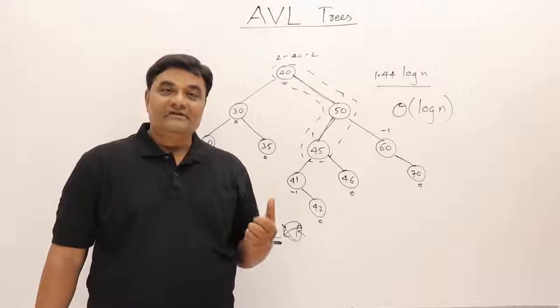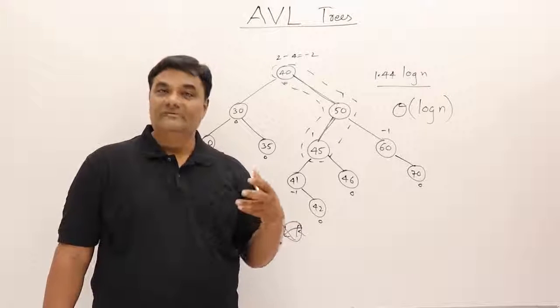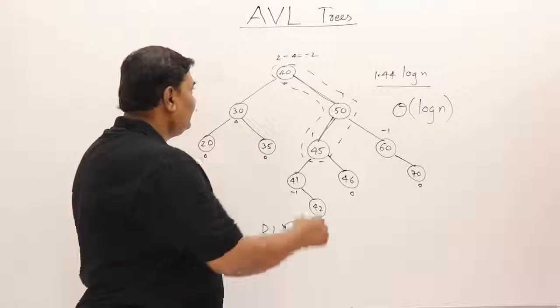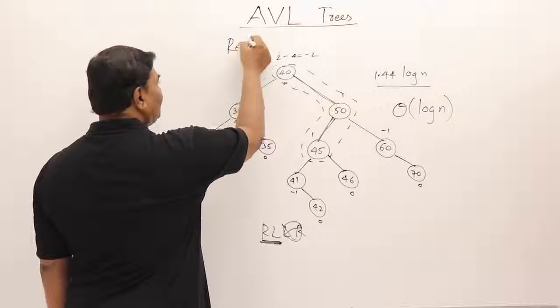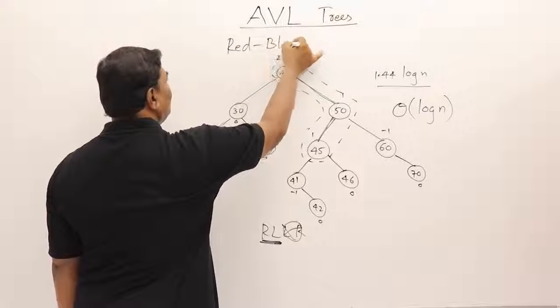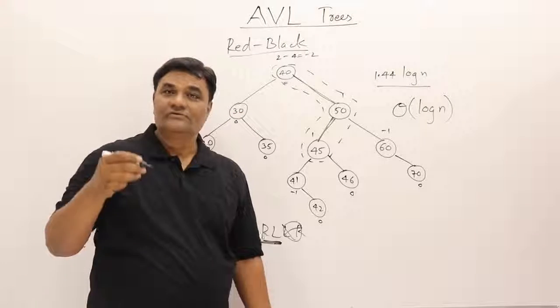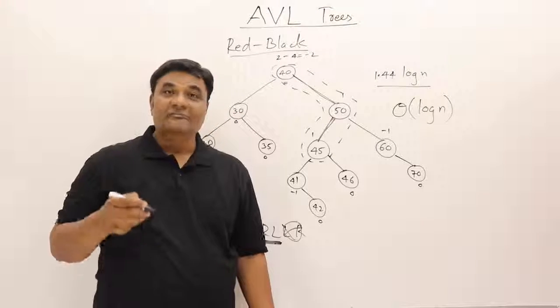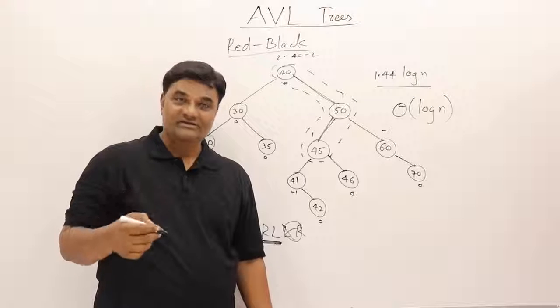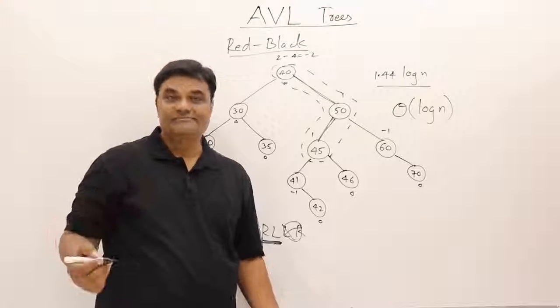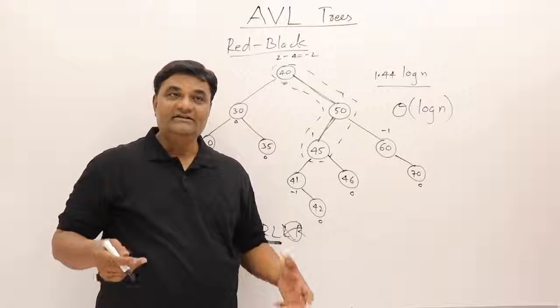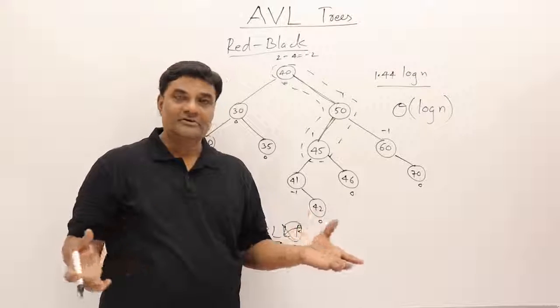Just like the AVL tree, there is one more height balanced binary search tree, that is the red-black tree. The idea of the red-black tree is also the same as the AVL tree, but the AVL tree is more strict and there may be many rotations performed in an AVL tree. While creating an AVL tree, we may be performing a lot of rotations.